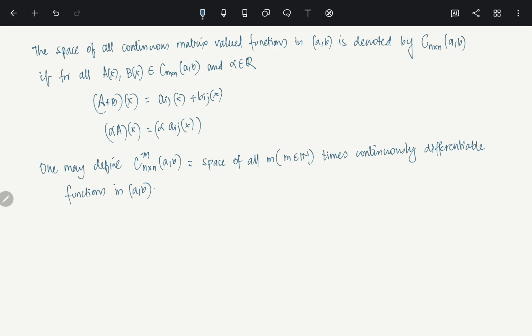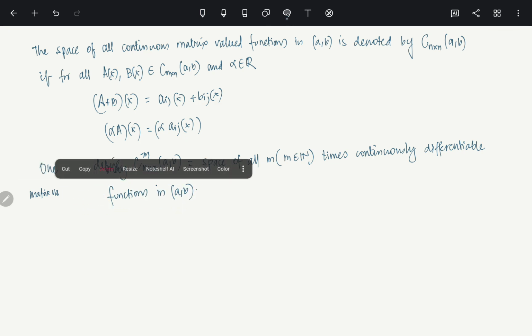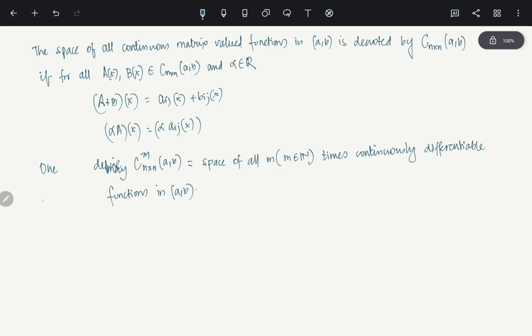So is this clear? I think this is okay. Matrix valued functions, of course, matrix valued. I forgot to write matrix valued. Okay, let me put it this way. Matrix valued.